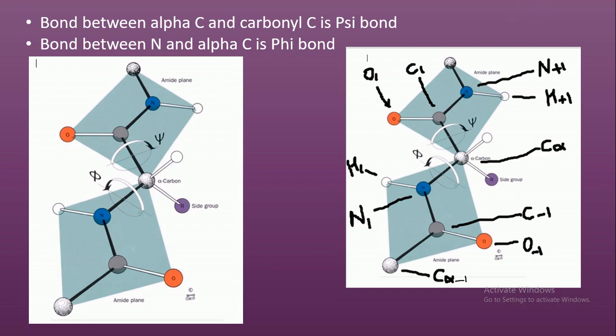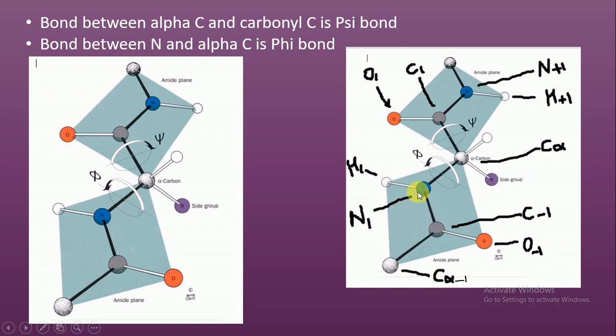One more thing that we need to know about this structure is the double bond character and the trans position of this hydrogen and oxygen. In the structure, this oxygen and hydrogen lie at the trans position. This trans position of oxygen and hydrogen is more stable than the cis position.